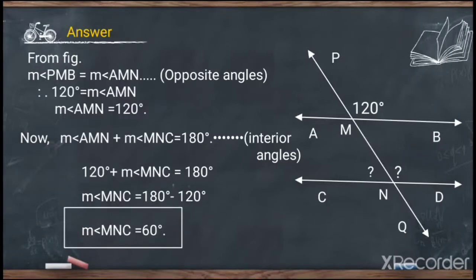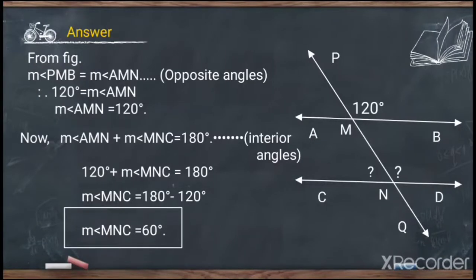So here I substitute the value of AMN, which is 120 degrees. If you take this 120 degrees to the other side, it becomes minus, and the subtraction gives 60 degrees. Therefore, the measure of angle MNC is 60 degrees.